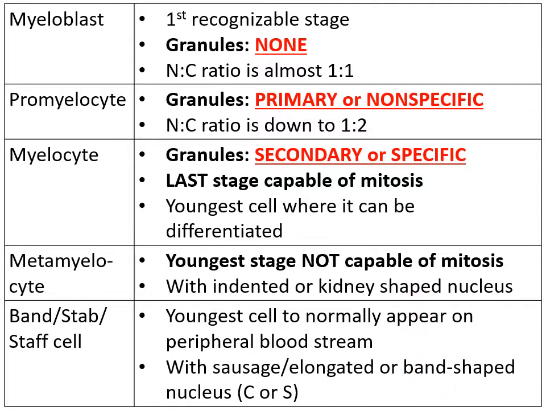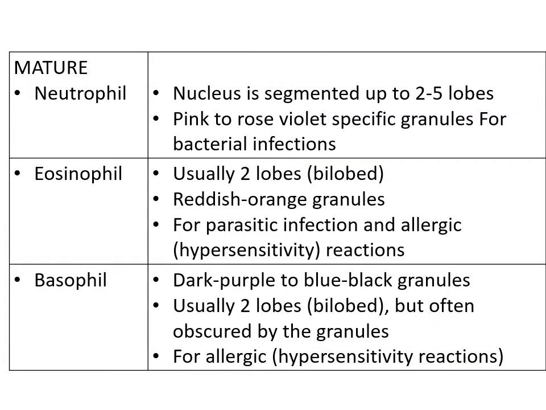Okay? As for the last stage of the granulopoiesis, the mature cells, unahin natin ang neutrophil. The neutrophil has its distinct nucleus na very hypersegmented. 2 to 5 segments bale ang kanilang nucleus.